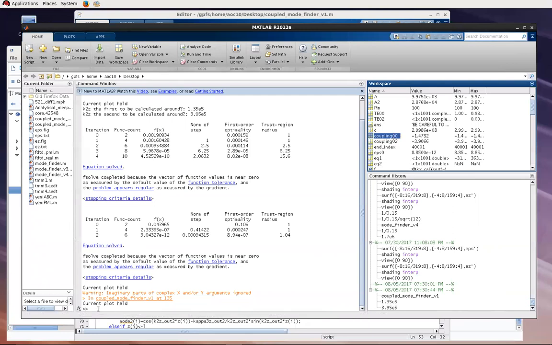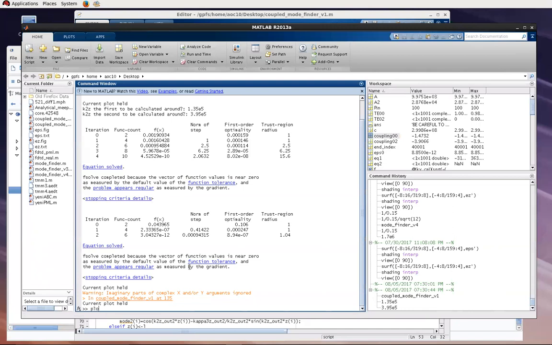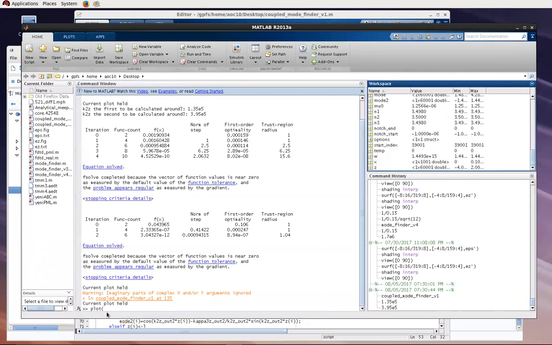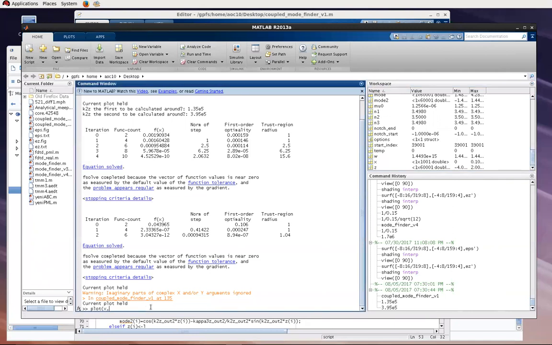If I want to do that here very quickly, plot, I think it was X. We're trying to plot X versus exponential minus j times the coupling from 0 to 0.